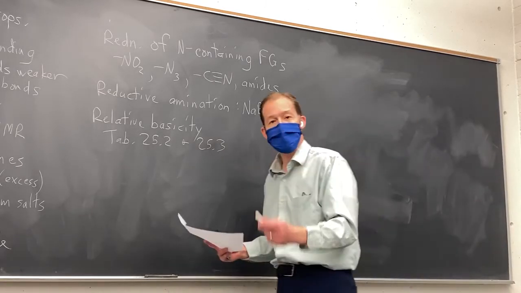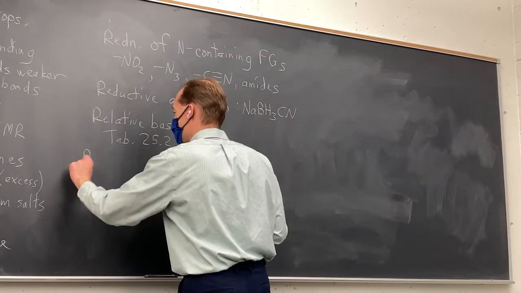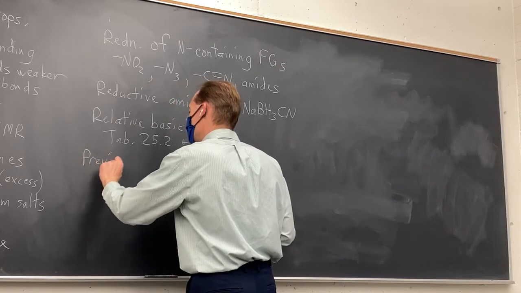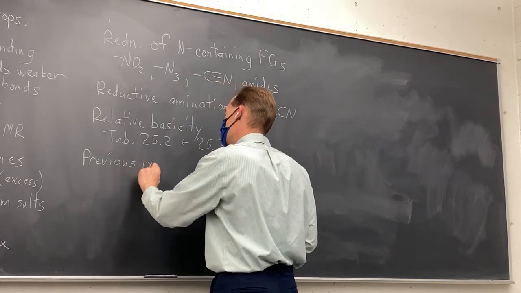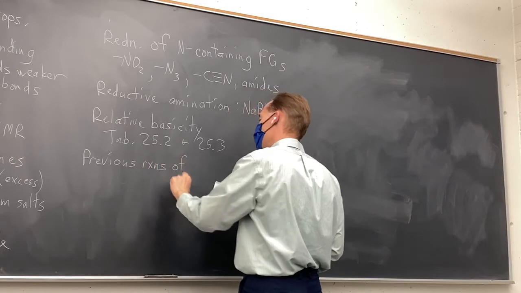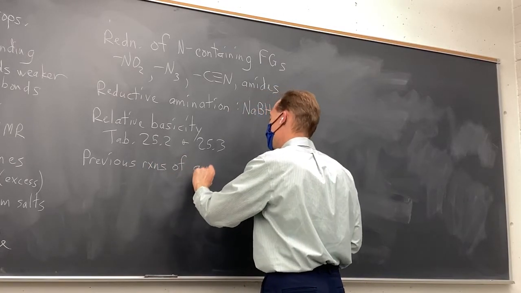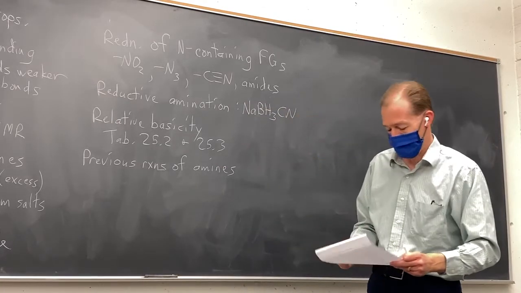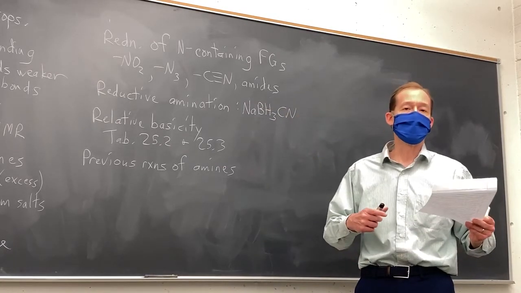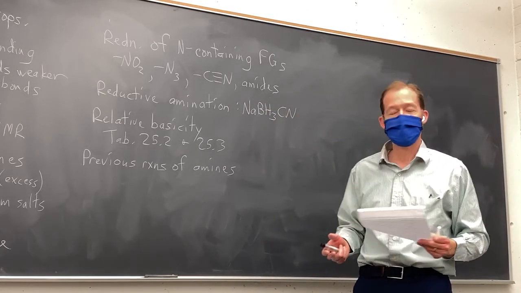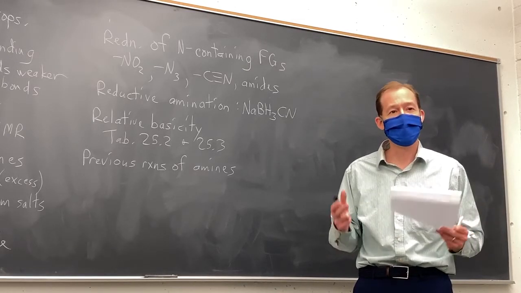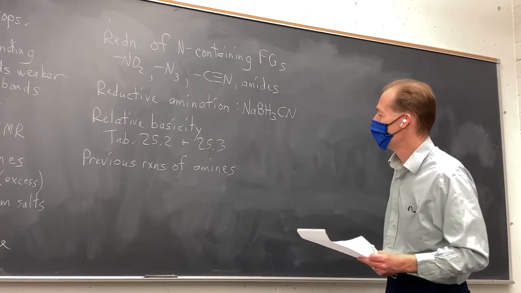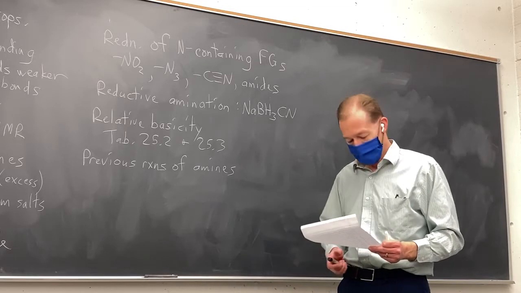All right, so then we went into reactions of amines, and we started with previously learned reactions of amines. So I won't spend much time on that here, other than just to mention that we can react amines with aldehydes or ketones to generate imines or enamines, depending on the type of amine we have.